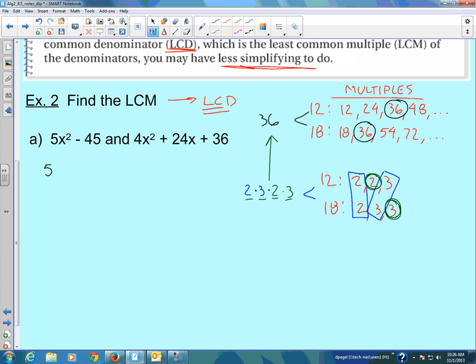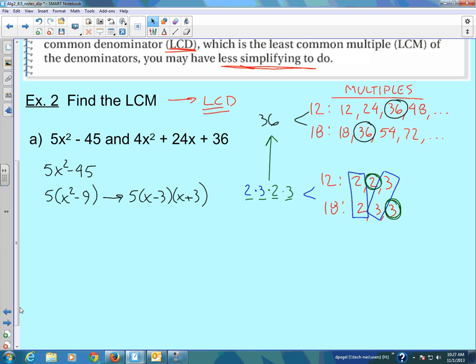So 5x squared minus 45. Factor out a 5, that's a GCF. But wait, x squared minus 9 is the difference of two squares. So I'm going to say x minus 3 and x plus 3. All right, let's take a look at 4x squared plus 24x plus 36.